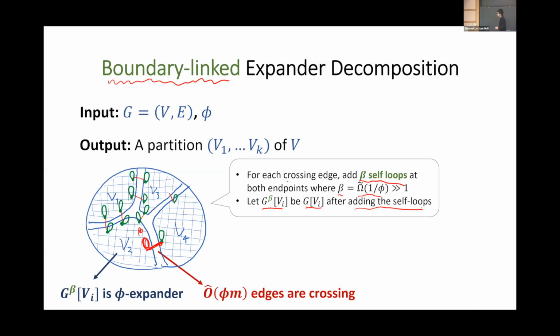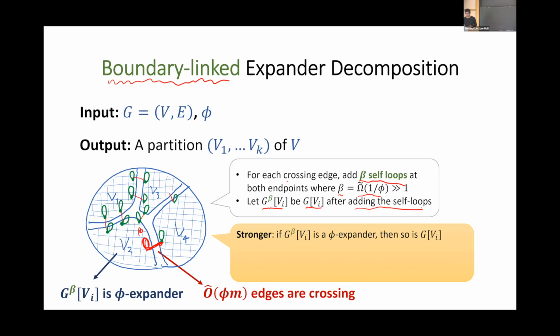Note that this is really a stronger notion of expander decomposition, because if this is a phi expander with self-loops, then it must be a phi expander without them, because self-loops only increase the volume without increasing the cut size.